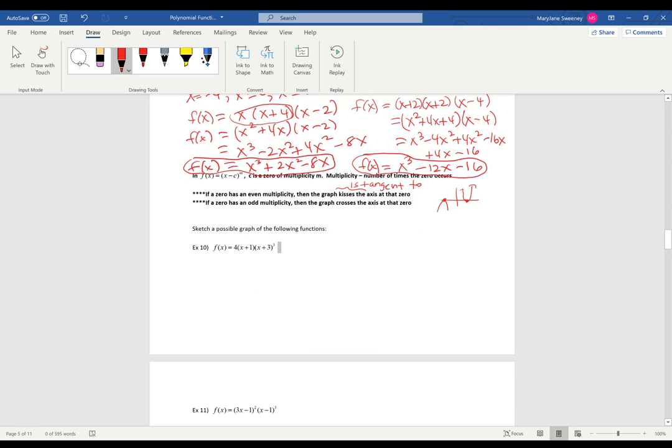So for the next one, sketch a possible graph of the following function. Okay, so here's what we're going to do.